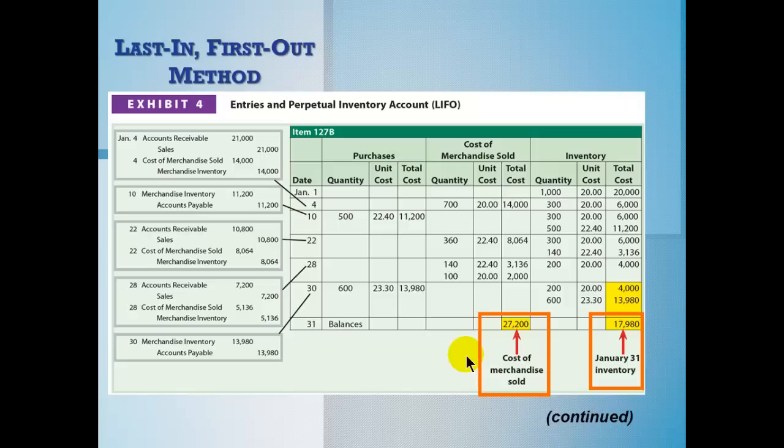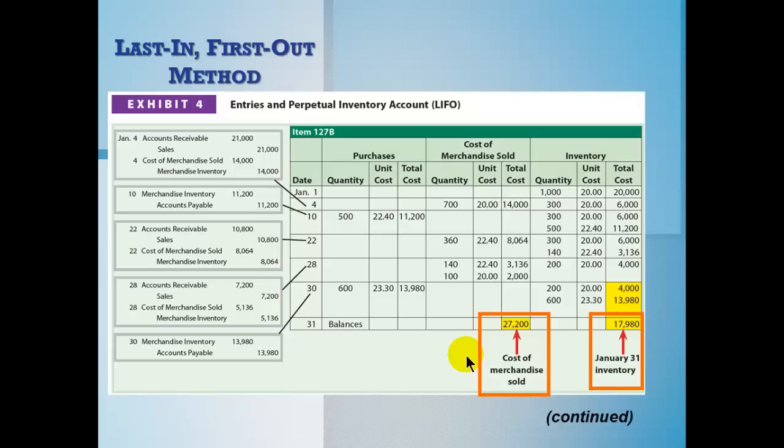And I can tell you this: when you have an inflationary economy, the prices are rising on your raw materials. LIFO will always give you a higher cost of goods sold and a lower inventory balance compared to FIFO. So in inflationary times, LIFO will give you that higher cost of goods sold, and that's why a lot of companies will elect to use LIFO for tax reporting.